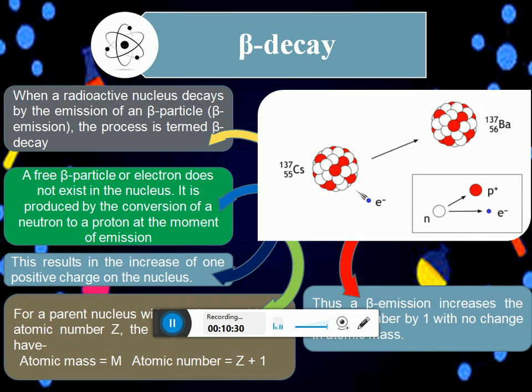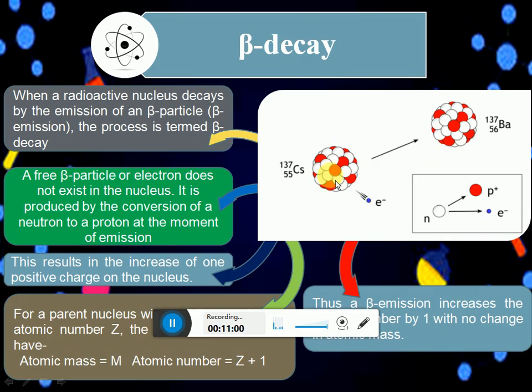Whenever the nucleus tries to get a stable electronic configuration, it releases energy, and when it releases energy in the form of beta radiation, this is called beta decay. Similarly, the previous one was alpha decay: whenever they release energy in the form of an alpha particle, it is called alpha decay.